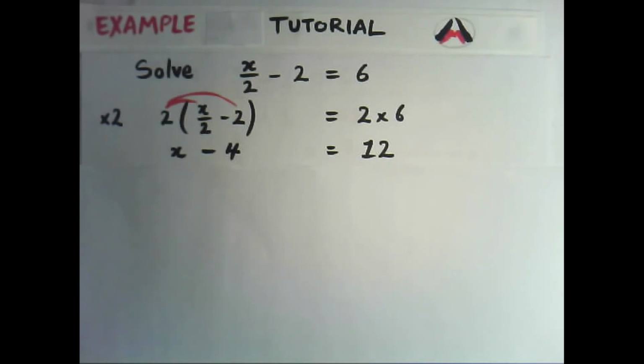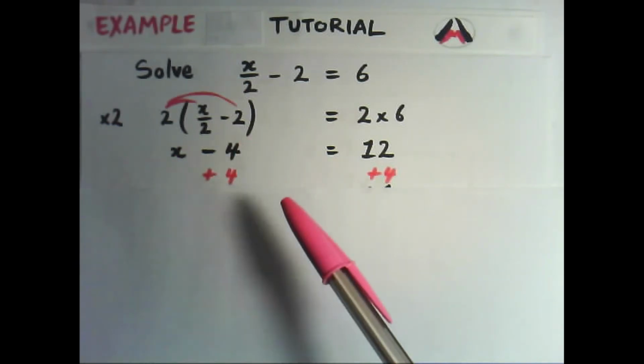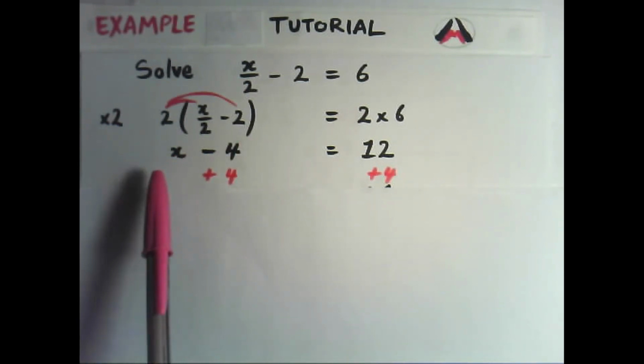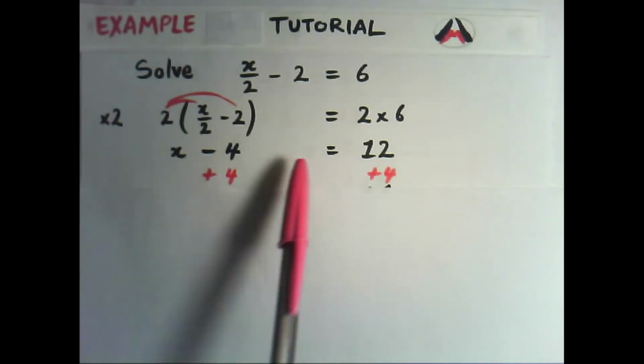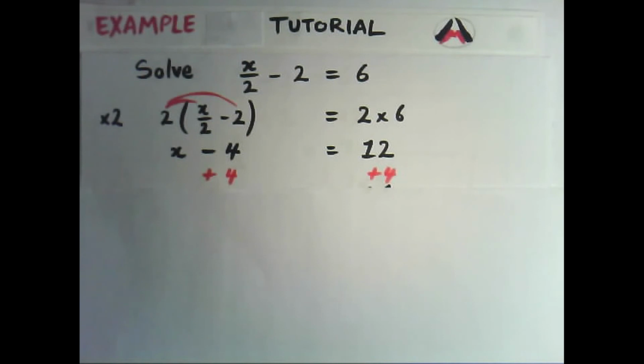So if we do that, negative 4 plus 4 is equal to 0. So we're just left with x by itself on the left-hand side of the equal sign. And 12 plus 4 is equal to 16. And so we find that the solution for this linear equation is x is equal to 16.